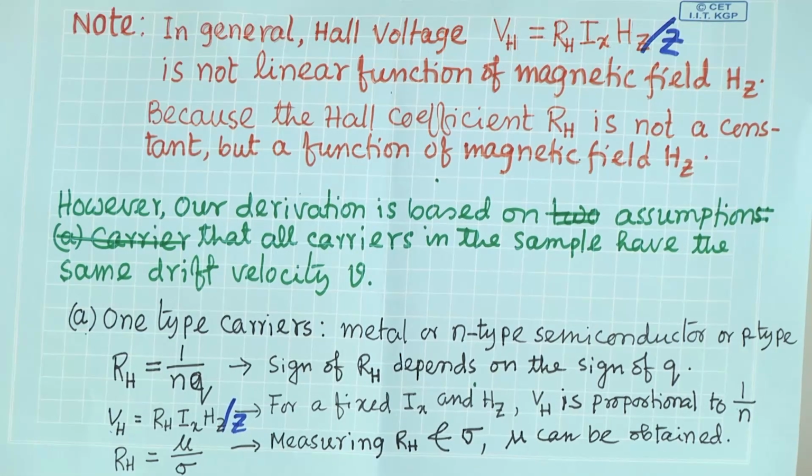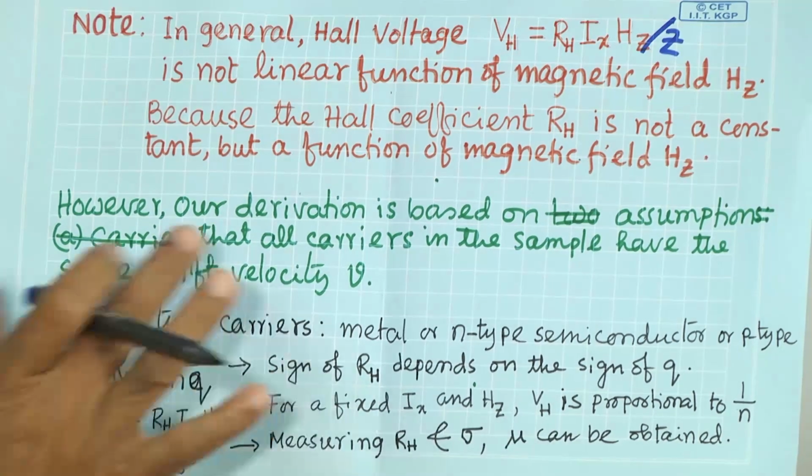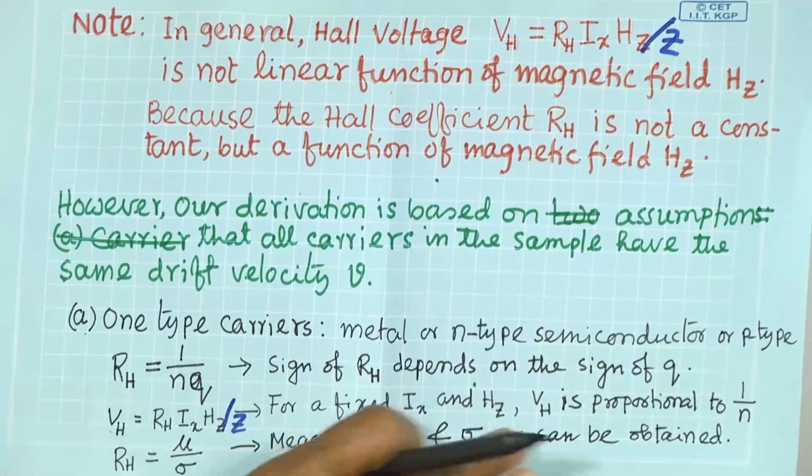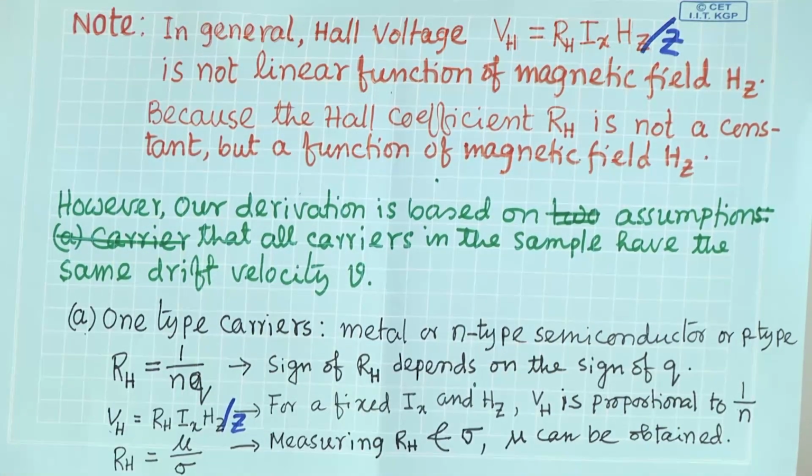So as I showed you, by measuring RH and sigma, one can also find out the mobility. So this expression is telling us these are the parameters. If you do the experiment, you can find out the sign of the carrier and the concentration of the carrier just by measuring Hall voltage.